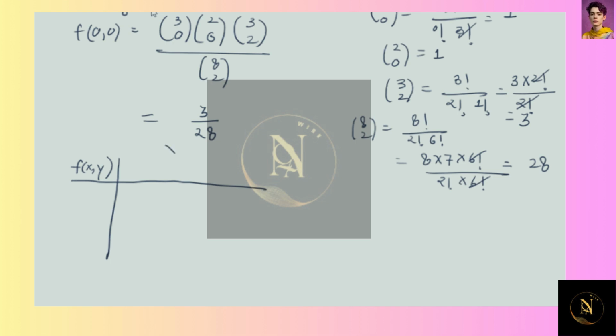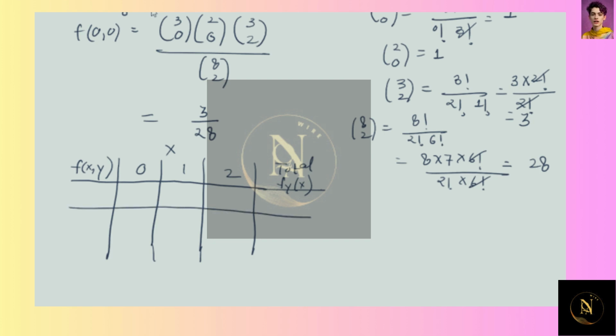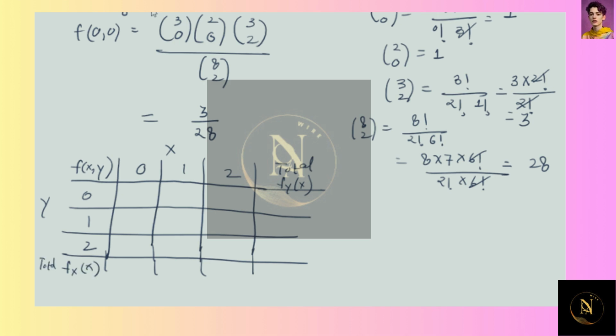Here x could take 0, 1 or 2, and this would be the total f_Y(y), and y could again take the three values 0, 1 and 2, and this would be the value of the total f_X(x). So for when x is equal to 0 and y is equal to 0, we have found that this came out to be 3 by 28.